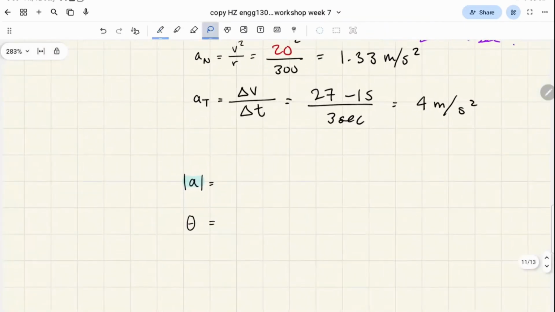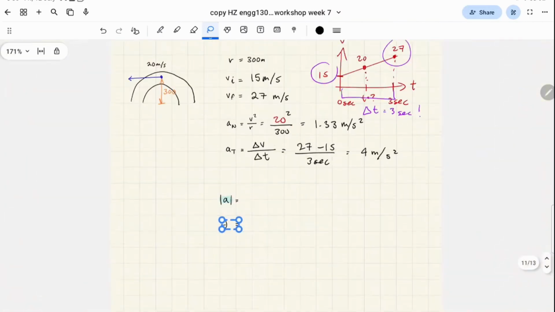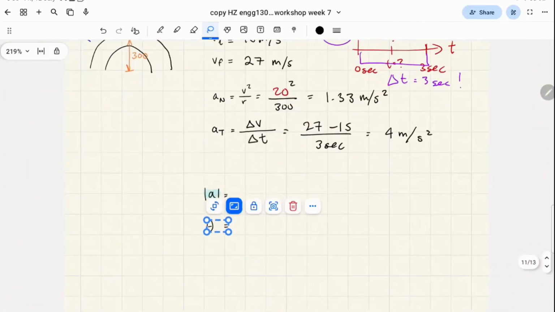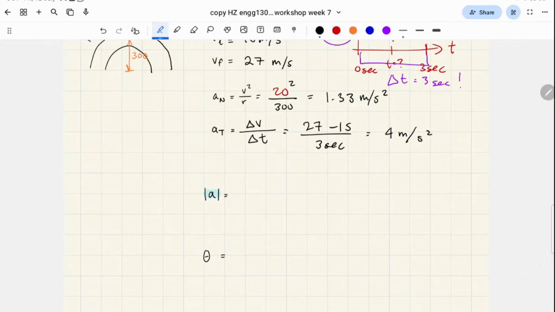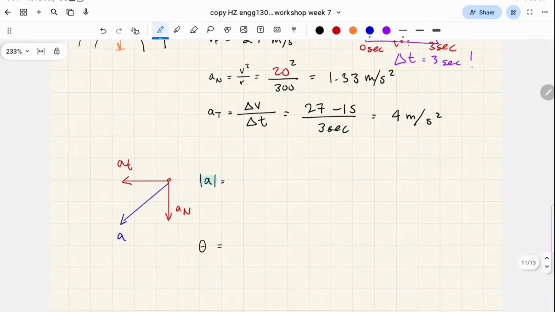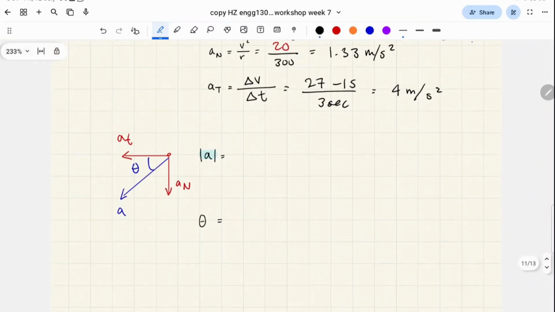Did I ask for the angle? It didn't actually ask for the angle, but for some reason I've decided to do the angle. I'll draw it out. If we're looking at the acceleration components, AT goes this way, AN goes towards the middle of the circle, and then what we're finding, A, the net acceleration, is going to be diagonal, and we'll take this as that angle, the angle away from the tangent.